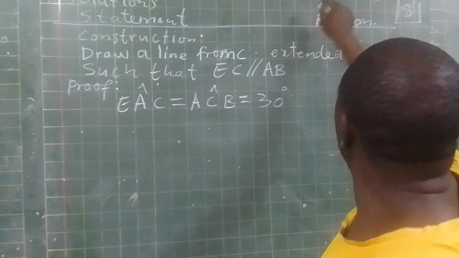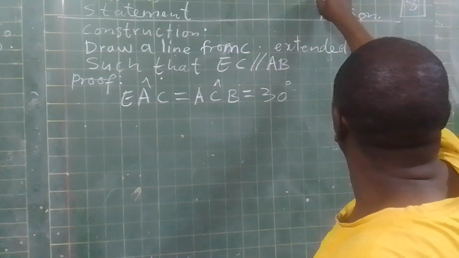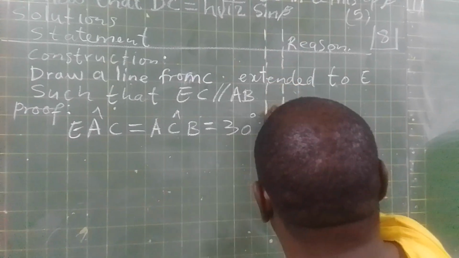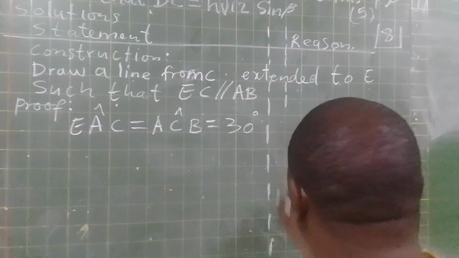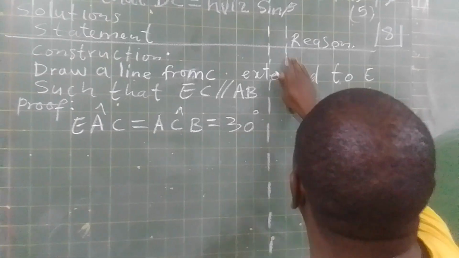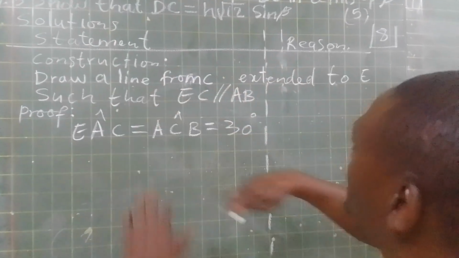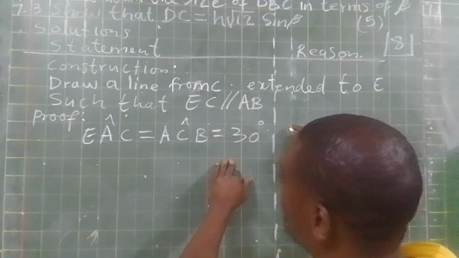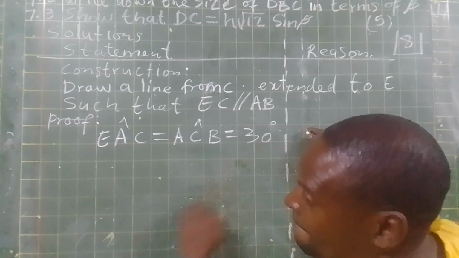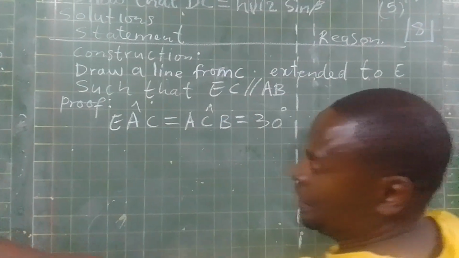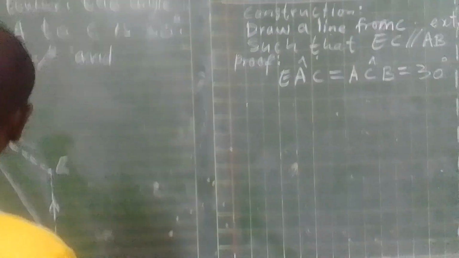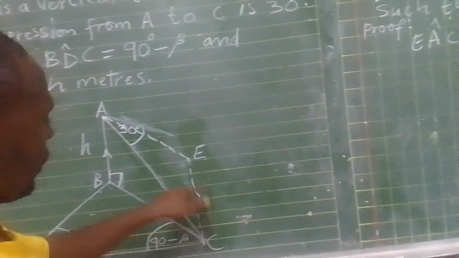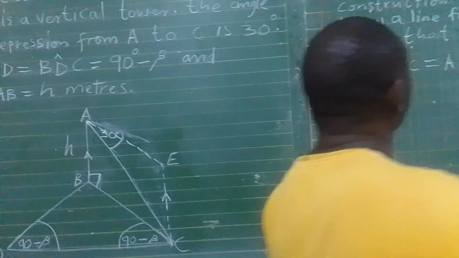You see our reason is going to come here. This is the line that separates the statement from the reason. The reason for this statement is that AB is parallel to EC.